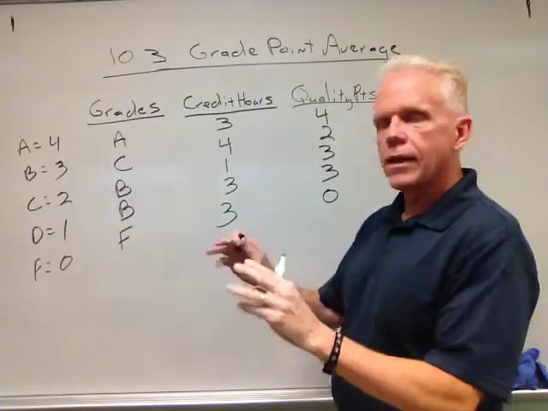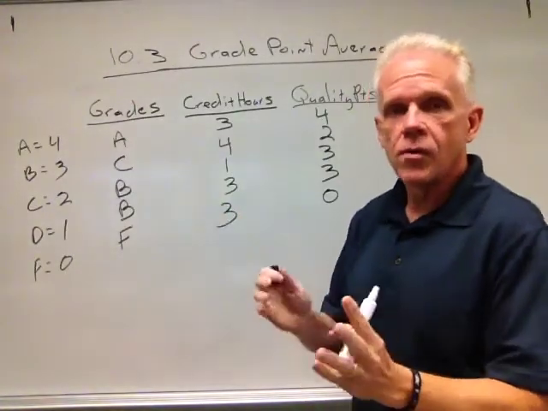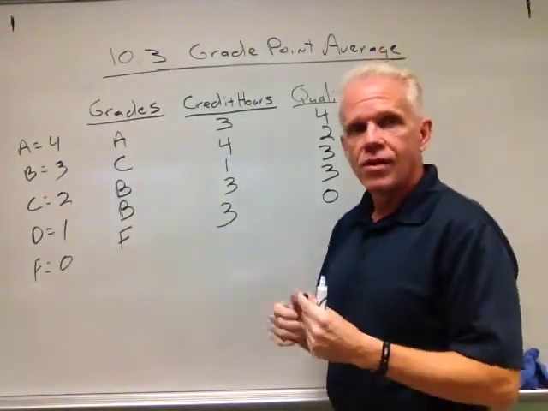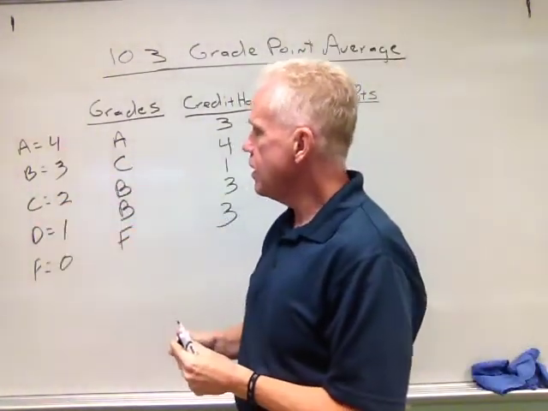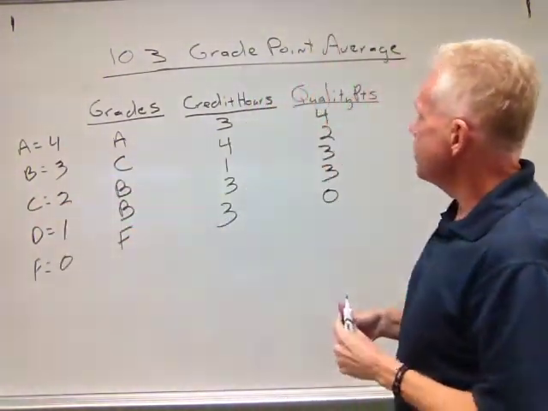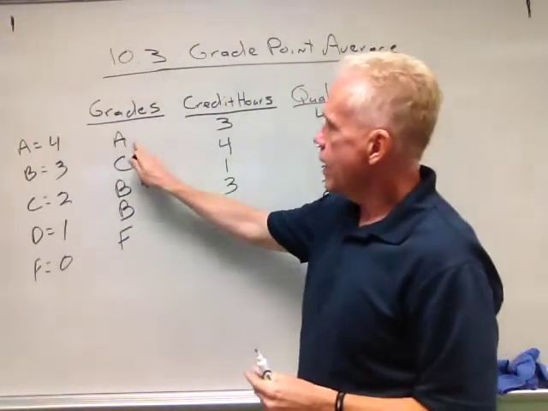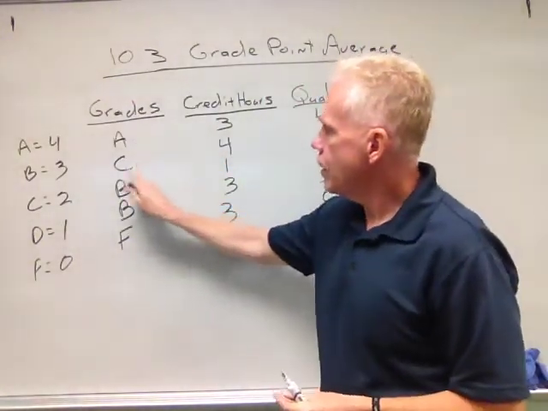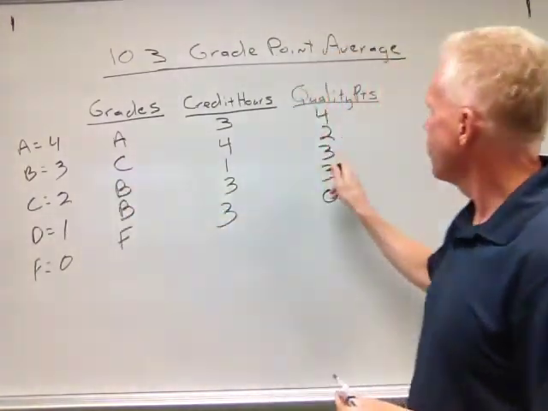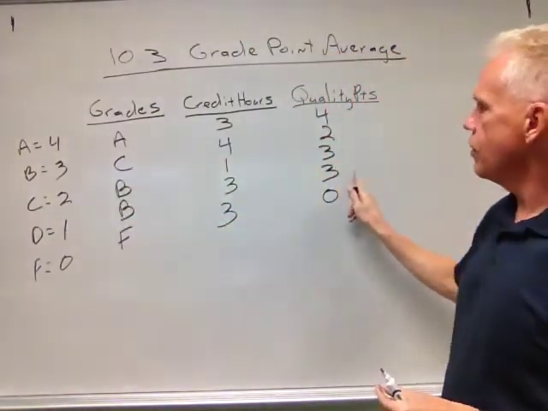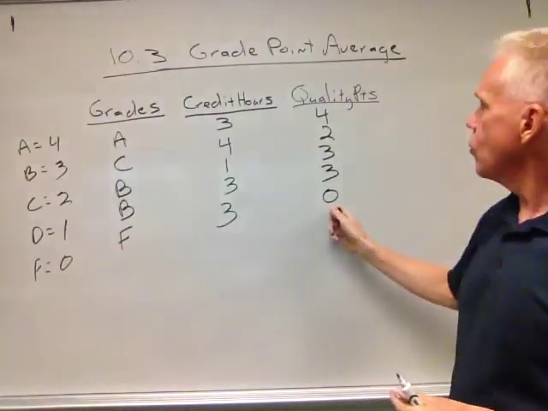Not getting into pluses or minuses, no A pluses or A minuses or C minuses or any of that. Just staying straight with the A, B, C, D, F, and those are the quality points associated. So our A here was worth 4, our C was worth 2, our B was worth 3, this is also worth 3, and our F was worth no quality points.